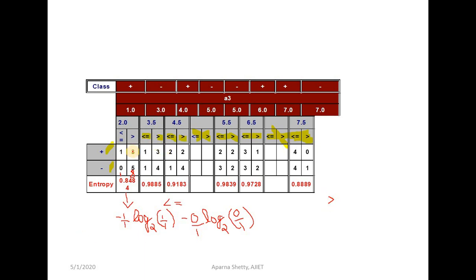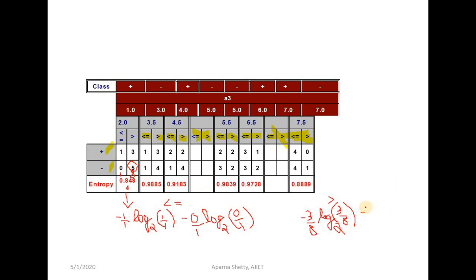That is 3 divided by 8. So entropy is minus 3 divided by 8 log to the base 2, 3 divided by 8, minus, the next value is 5 out of 8.